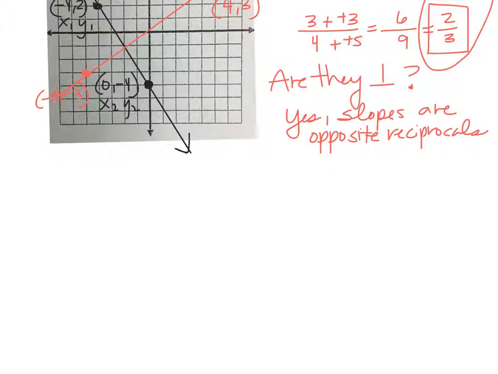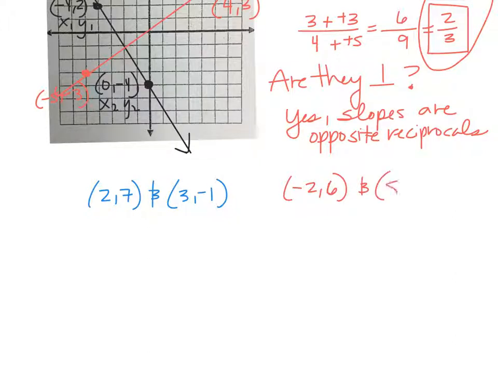What if I don't give it to you on a graph? What if I give you 2, 7, and 3, negative 1? And then your other line has the points negative 2, 6, and 8, 7. Okay, I want to know, is the blue line going to be perpendicular to the red line?